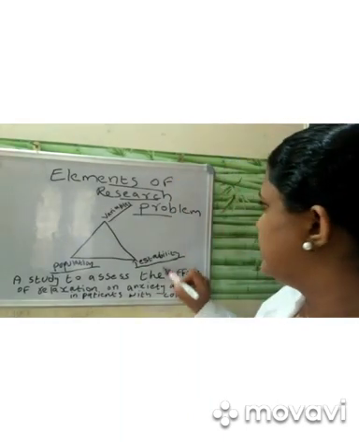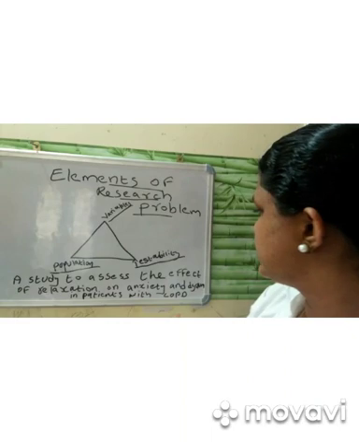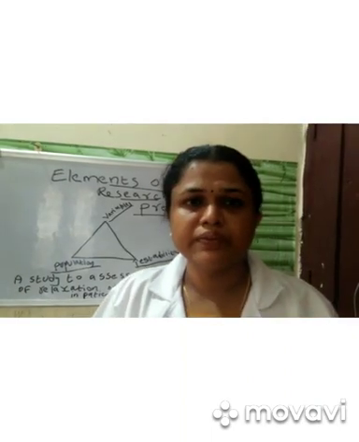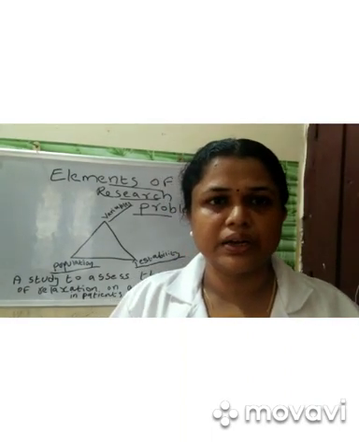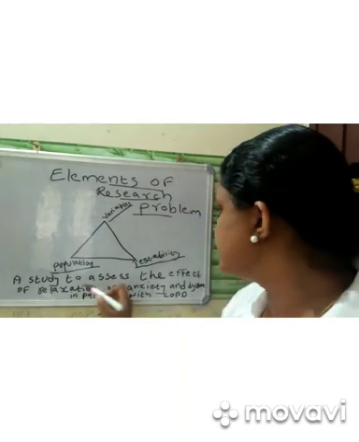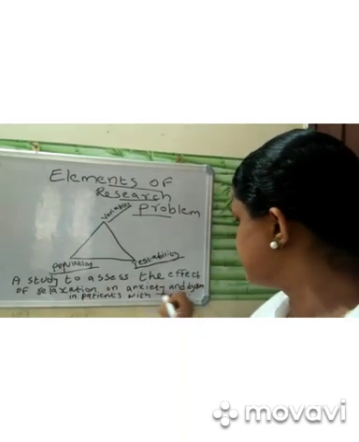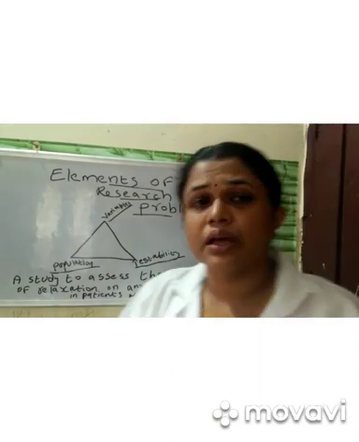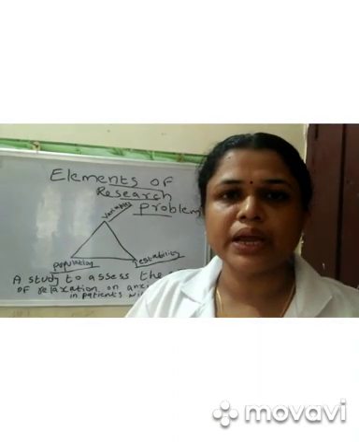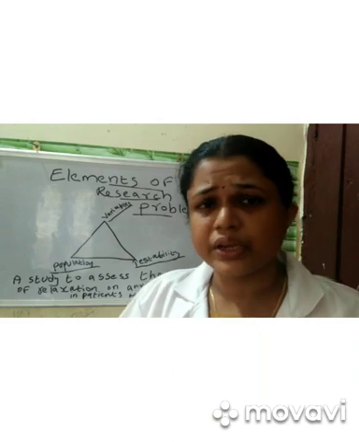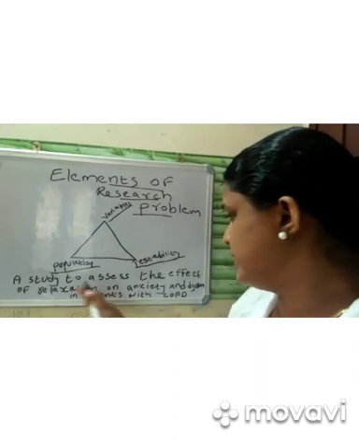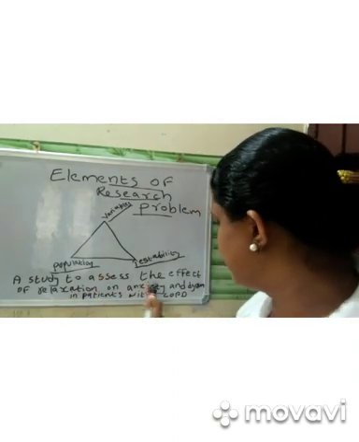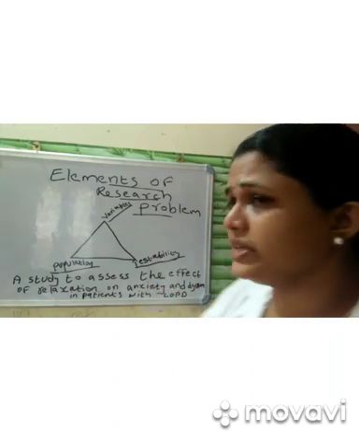And the third element of a research problem is testability, whether we can test the problem. That is, a study to assess the effect of relaxation on anxiety and dyspnea in patients with COPD. In this problem, we are trying to test the effect of relaxation on anxiety and dyspnea.